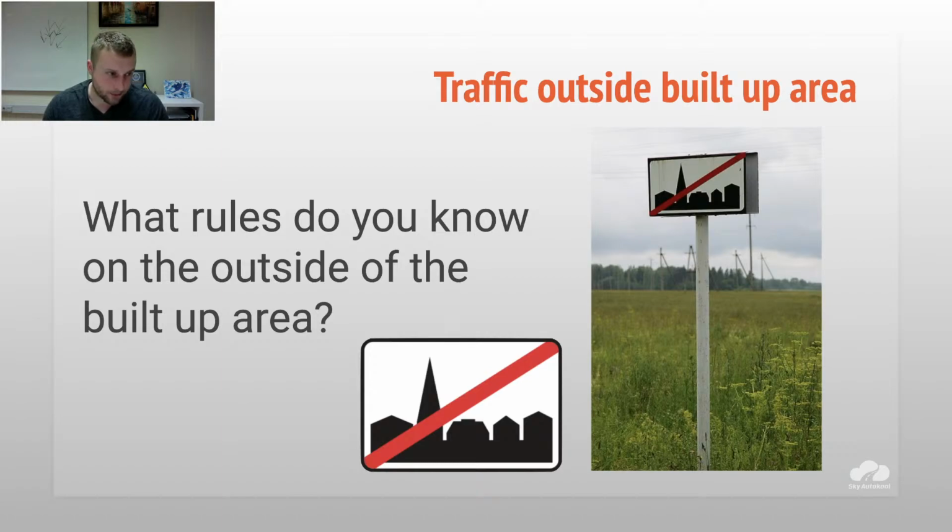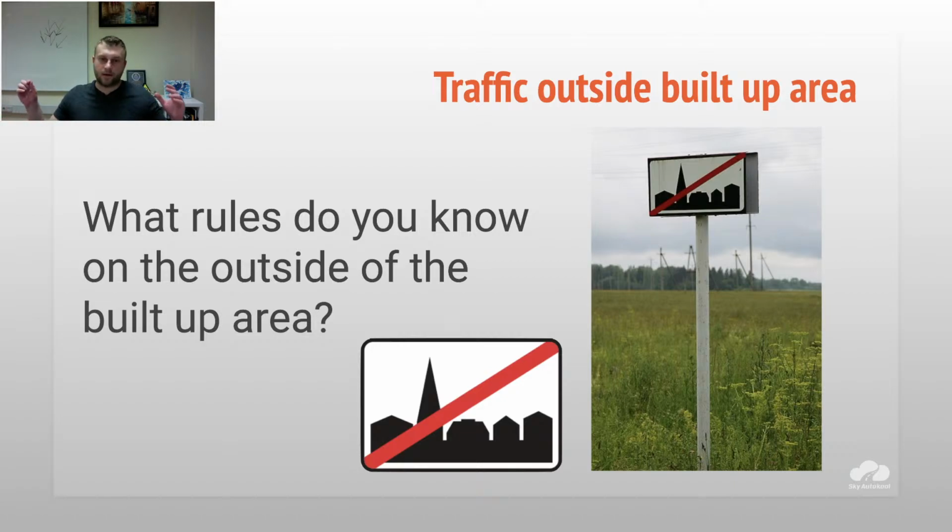Yeah, Nilufar also answered correctly. In the city, it's 50. What about other rules? Maybe something about cancellations. Maybe if you remember from the last time that giveaway sign and stop sign can cancel the speed limit if you are driving on the highway out of the build-up area.